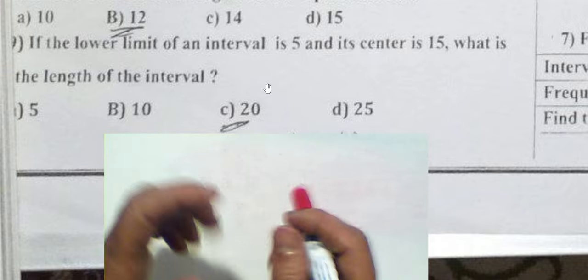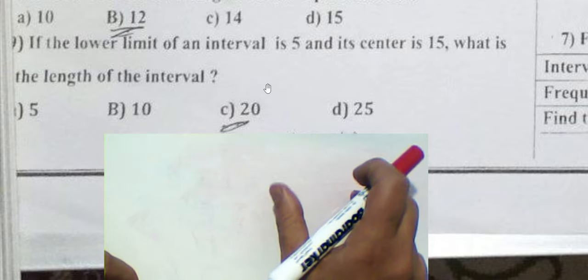Next question. The lower limit of an interval is 5 and its center is 15. What is the length of the interval? We know the length is the difference between the maximum and the minimum, or the end of the interval and the beginning.